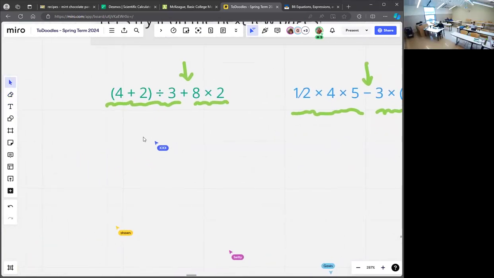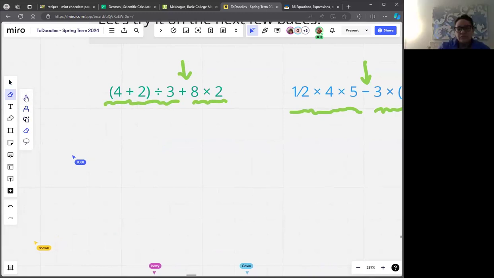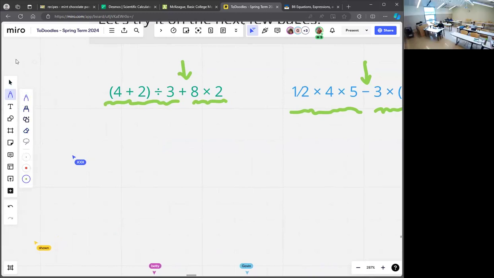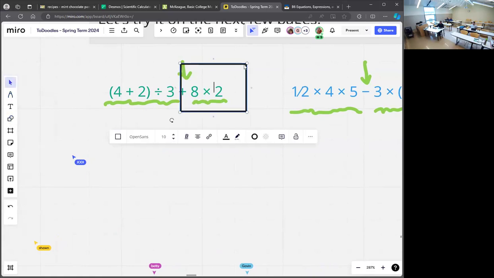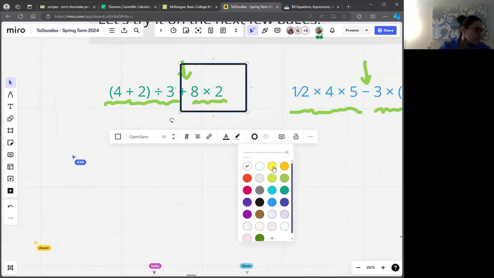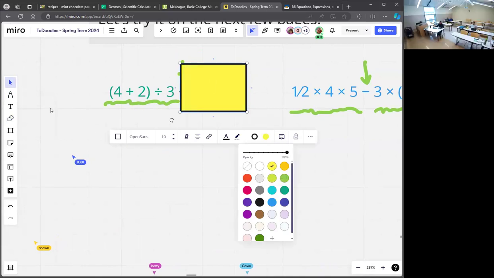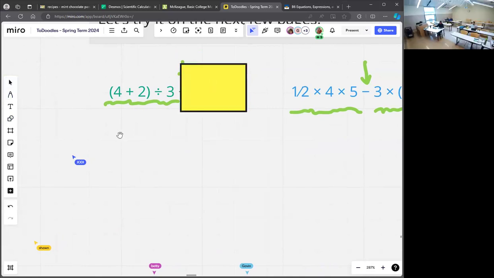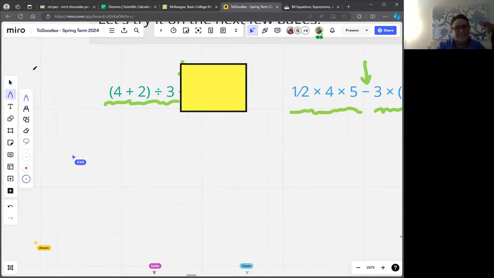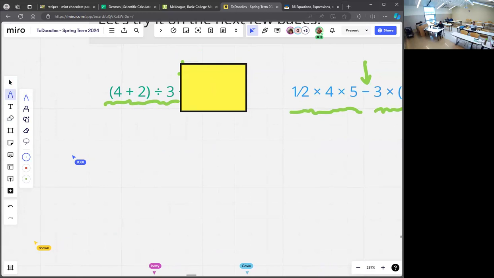So that's the first one. The first term, I'm going to cover everything else. I don't care about the rest of this expression. Unimportant. Independent of the first one.